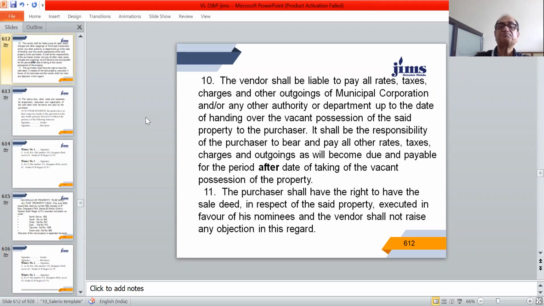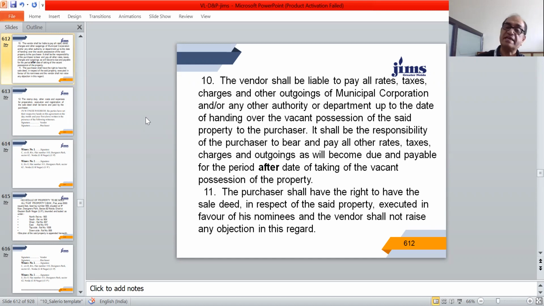Para 10. That the vendor shall be liable to pay all rates, taxes, charges, and other outgoings of municipal corporation or any other authority or department up to the date of handing over the vacant possession of the said property to the purchaser, and it shall be responsibility of the purchaser to bear and pay all other rates, taxes, and charges and outgoings as will become due and payable for the further period after the date of taking vacant possession of the property.